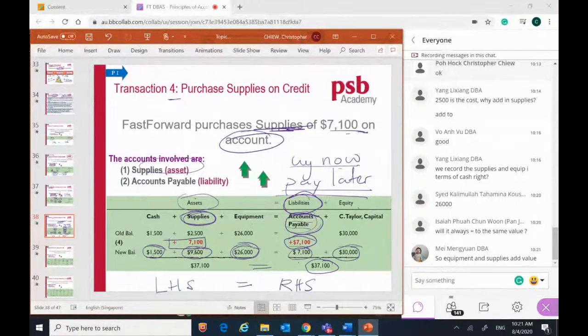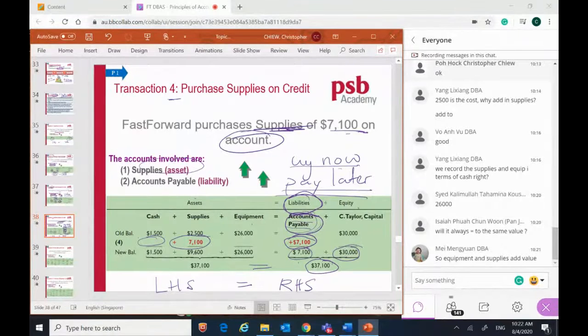But because we did not pay, there's no change in your cash. The cash still remains. Okay? So you cannot say that the supplies and your assets are cash. No. Even if you don't pay, when you buy, the value will still go up plus 7,100 in this case. You got it? But there's no change in your cash.